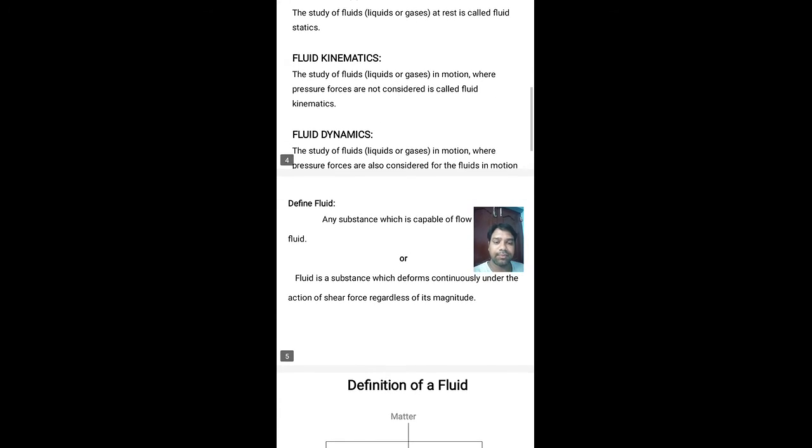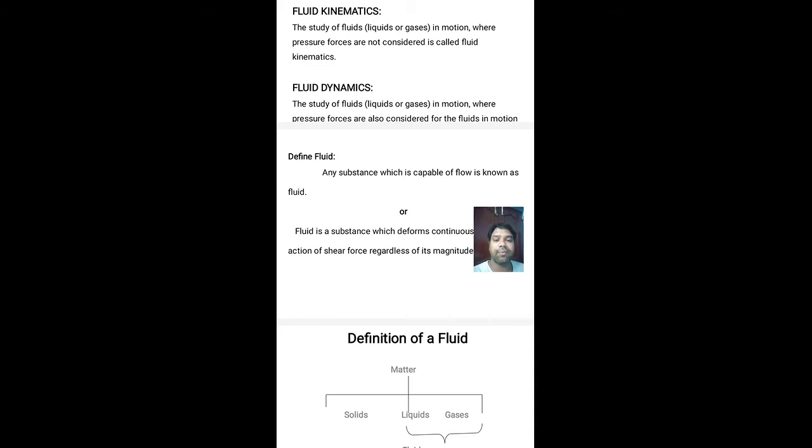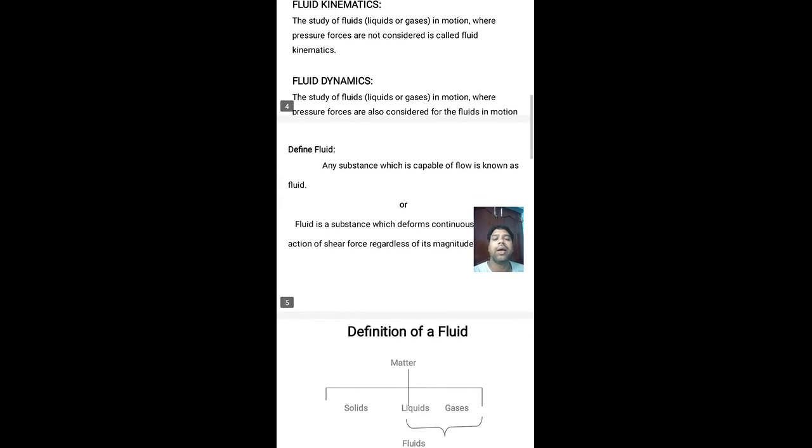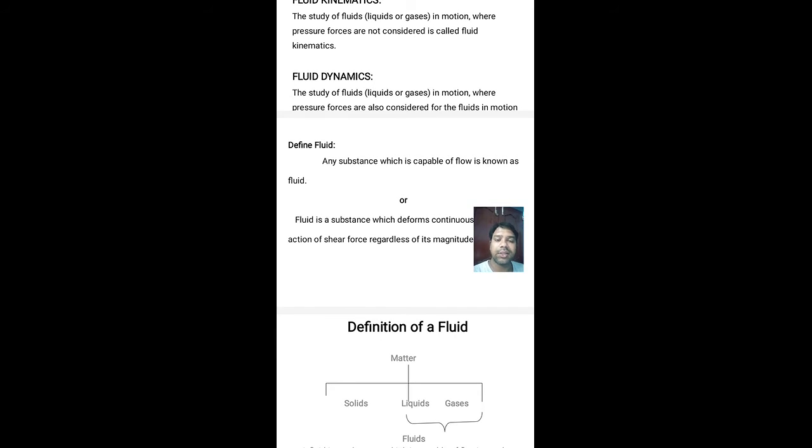Now the next one, definition of a fluid. What is a fluid? We have learned what fluid mechanics is: the branch of science which deals with the behavior of fluids at rest as well as in motion. Now what exactly does fluid mean? Any substance which is capable of flow is known as a fluid.